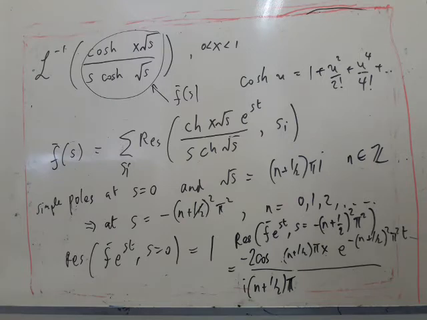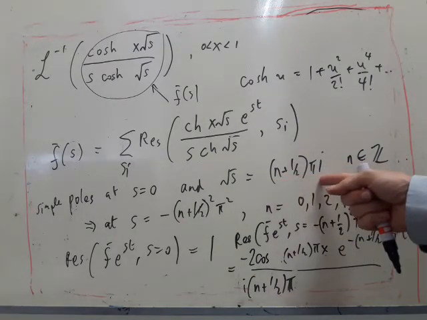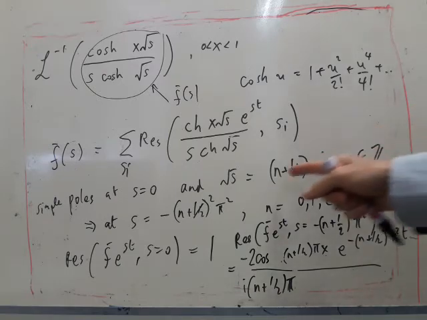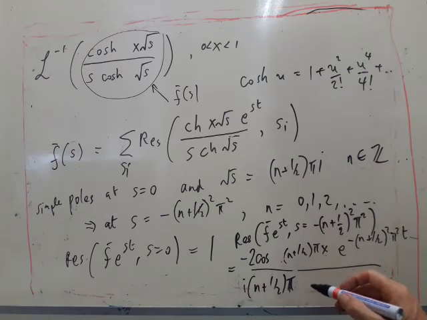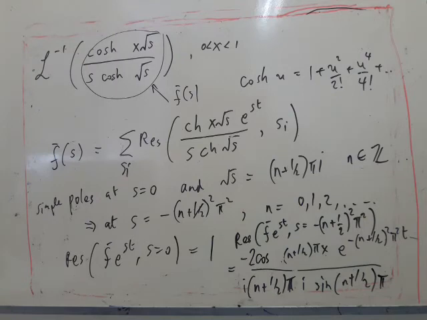So the sinh of this will give me sine of n plus a half pi, so times i. So I get another i, and I'll get sine of n plus a half pi. So what does that all give me?